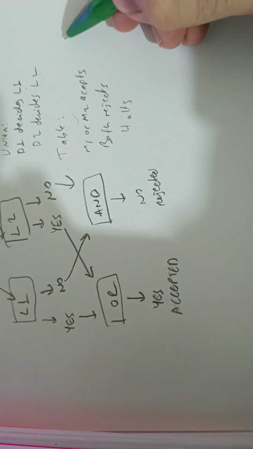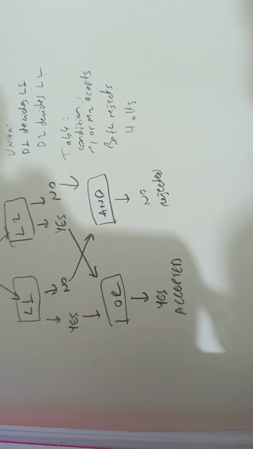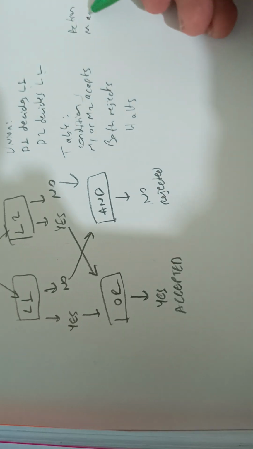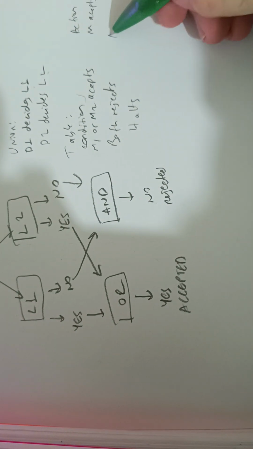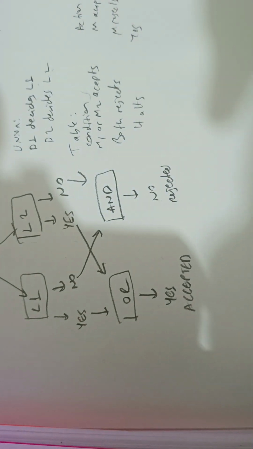And after that, this one is going to be the condition, and this one is going to be the action. M accepts, M rejects, and the answer is going to be yes.